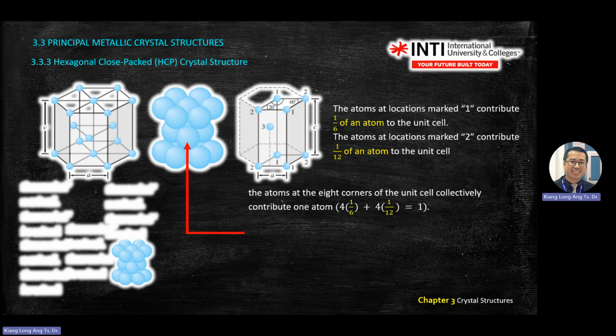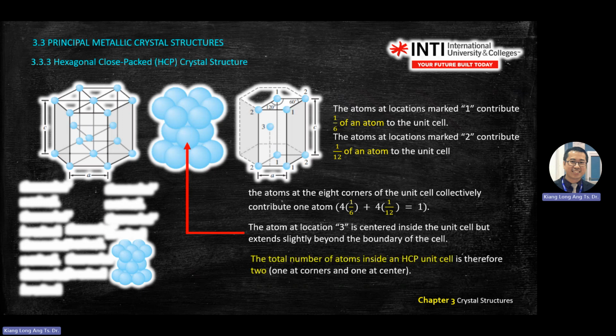Now number 3 is quite special. Location number 3 is centered inside the unit cell, but extended slightly beyond the boundary of the cell. So you cannot calculate that one, not consider as 1. If you cut number 3, sometimes you get the atom, sometimes you don't.